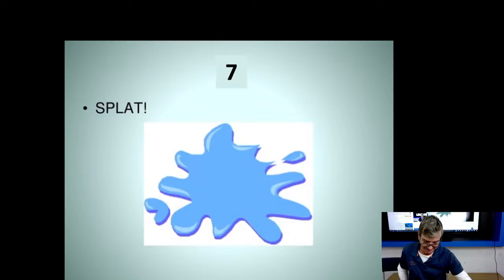The sound something makes, like the sound of a dog, for example.